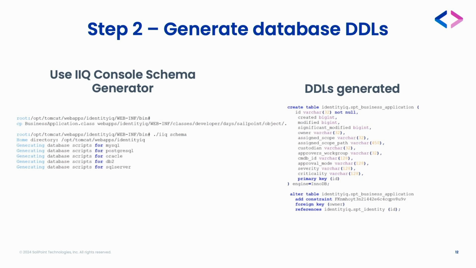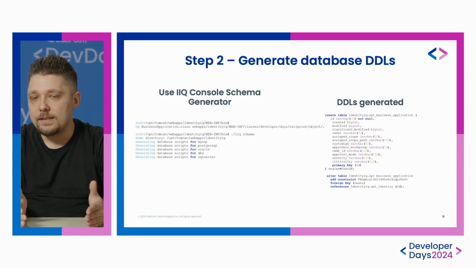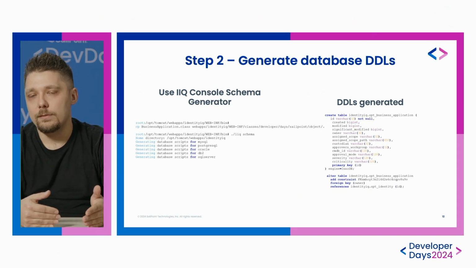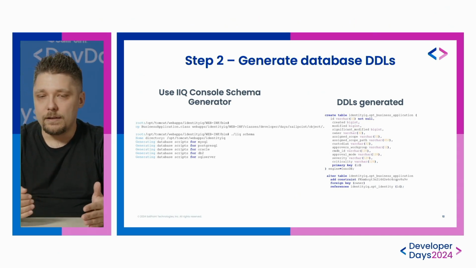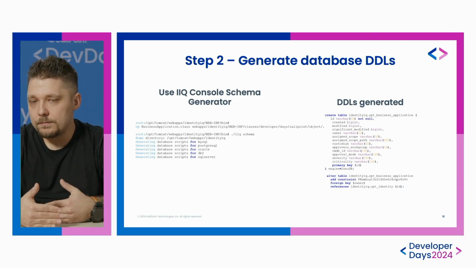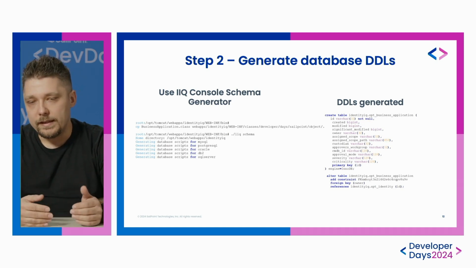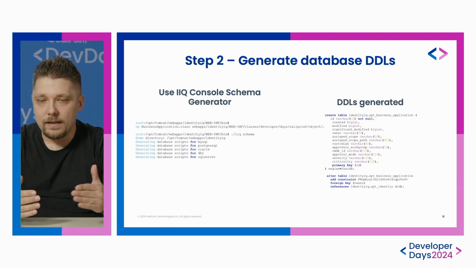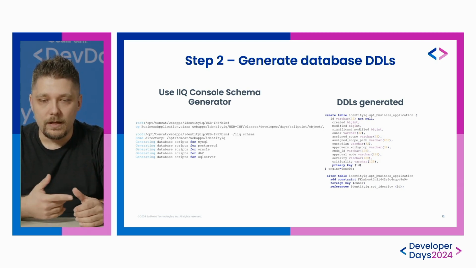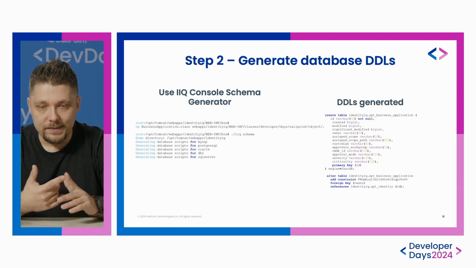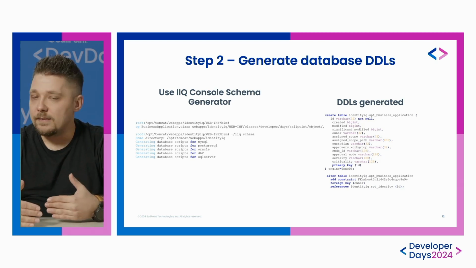Anyone knows why? Yeah, those of you who say SailPoint object are right, because we extended SailPoint object, and these are the fields which are available by default. So we have SailPoint object attributes plus the attributes which we just created. On the DDL we have ID, created, modified, we have owner, but also approvers work group, CMDB ID, approval mode, and so on, right?